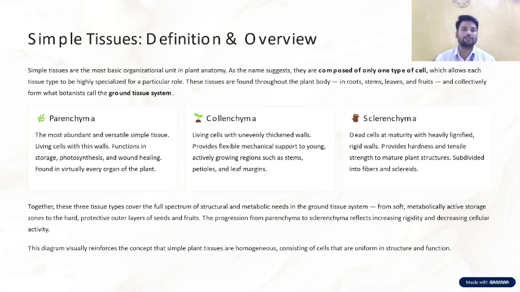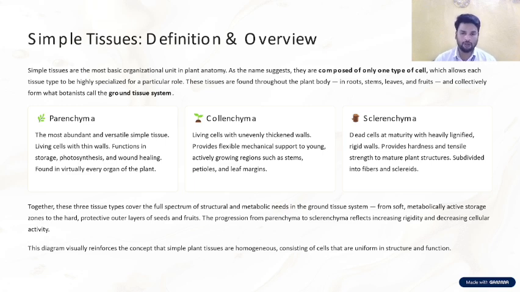And the last one is sclerenchyma, which is composed of dead cells at maturity with heavily lignified rigid walls, providing hardness and tensile strength to mature plant structures, subdivided into fibers and sclereids. Together, these three tissue types cover the full spectrum of structural and metabolic needs in the ground tissue system, from soft metabolically active storage zones to the hard protective outer layers of seeds and fruits.